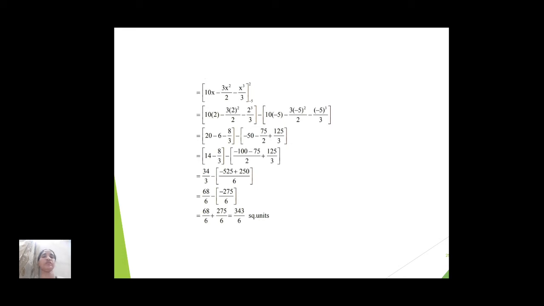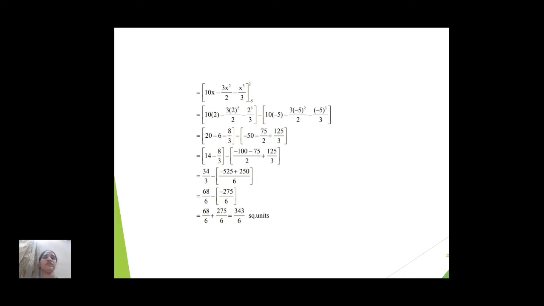We will substitute the upper limit, then we get 10 into 2 minus 3 into 2 square by 2 minus 2 cube by 3, minus 10 into minus 5 minus 3 into minus 5 square by 2 minus minus 5 cube by 3.